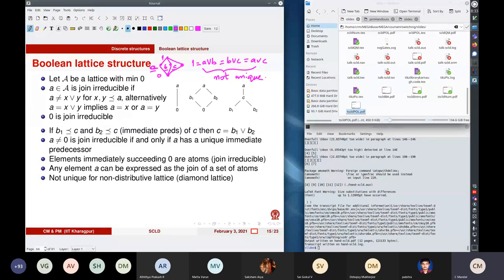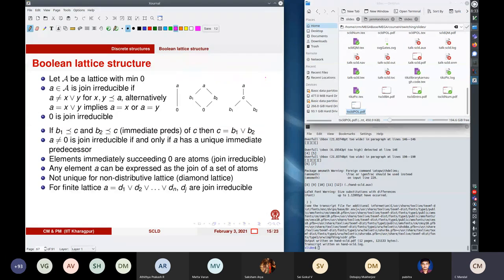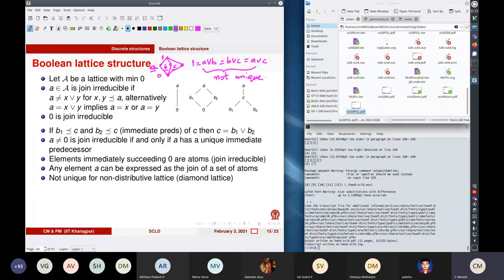A diamond lattice is not distributive, by the way. So in a non-distributive lattice, that representation is not unique.